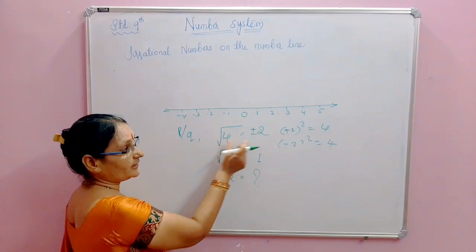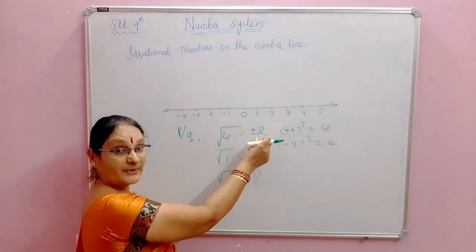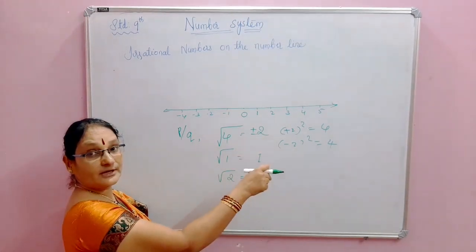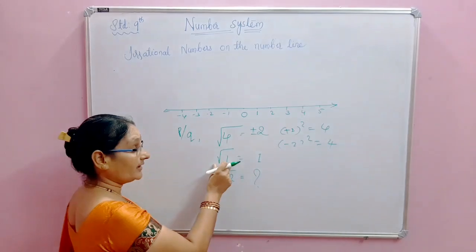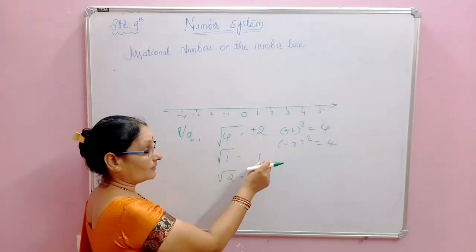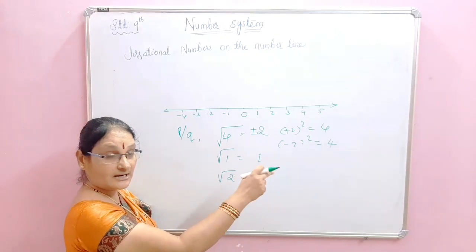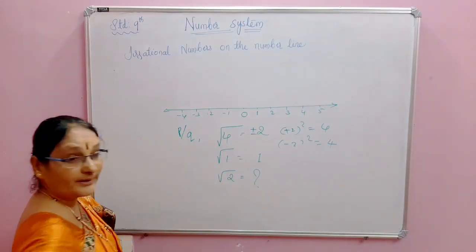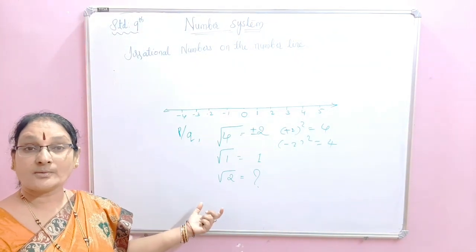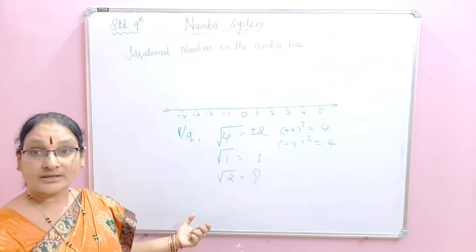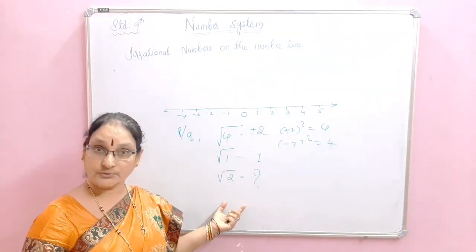See here, root 4 equals plus or minus 2. This can be written in the form of p by q, that is 2 by 1 or minus 2 by 1. Both are rational numbers. Root 1 is equal to 1, and 1 can be written as 1 by 1, a rational number. Then how can we write root 2 in the form of p by q?